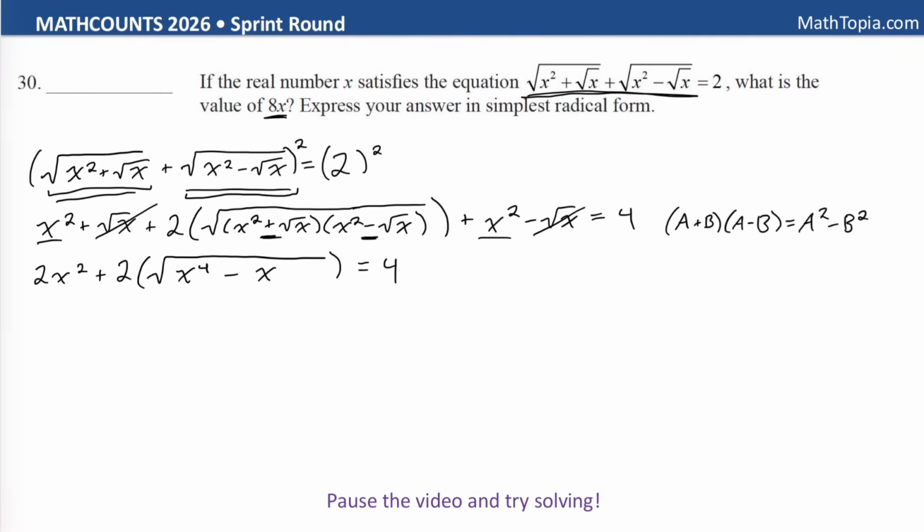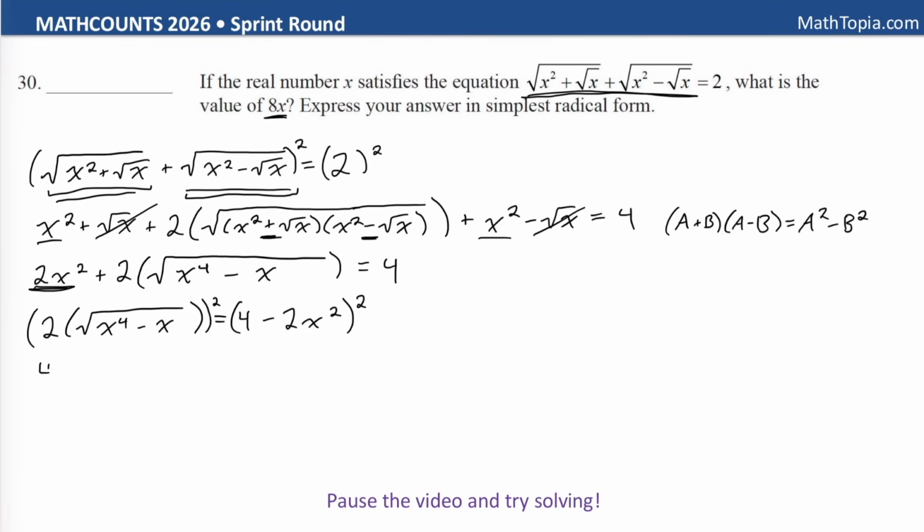But to make it easier, we can get our radical onto one side of the equation. So 2 times the square root of x to the 4th minus x equals, moving our 2x squared term to the other side, we have 4 minus 2x squared. Now we can square both sides of the equation again.